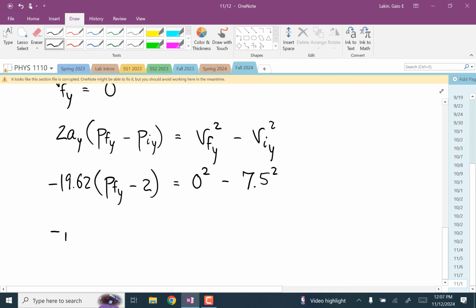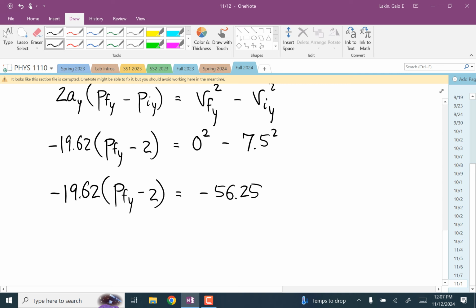So I'll rewrite this. Negative 19.62 times the quantity pfy minus 2 is equal to negative 56.25.